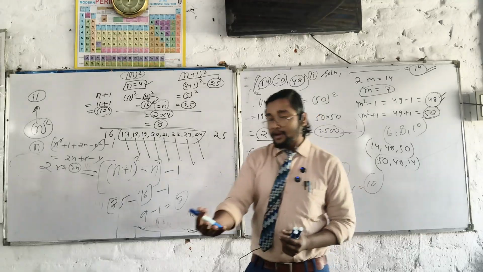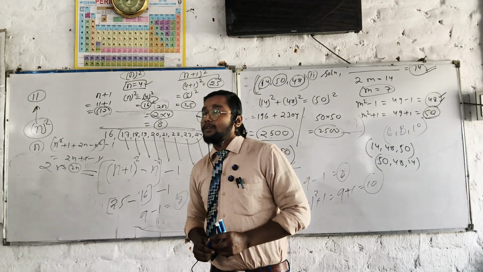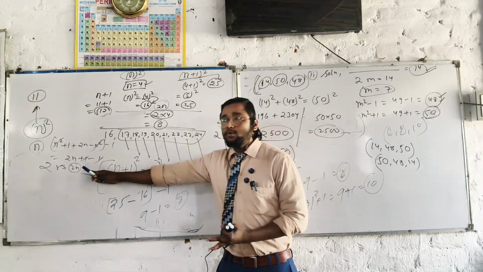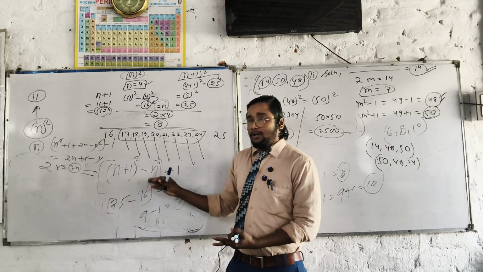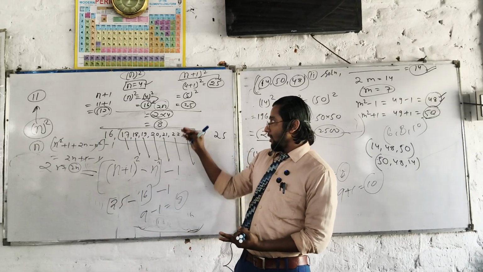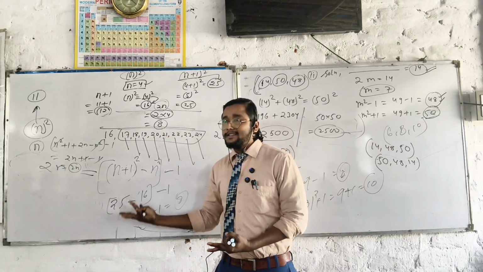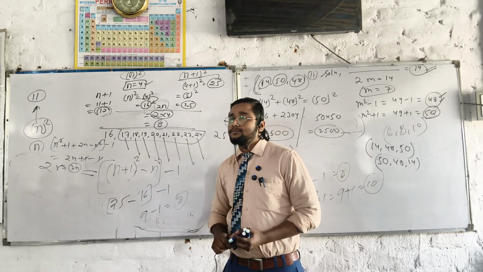Now this 2n can be derived or written in this form. Now you tell me, more complex, less complex, which one is the easiest one? 2n or this one?